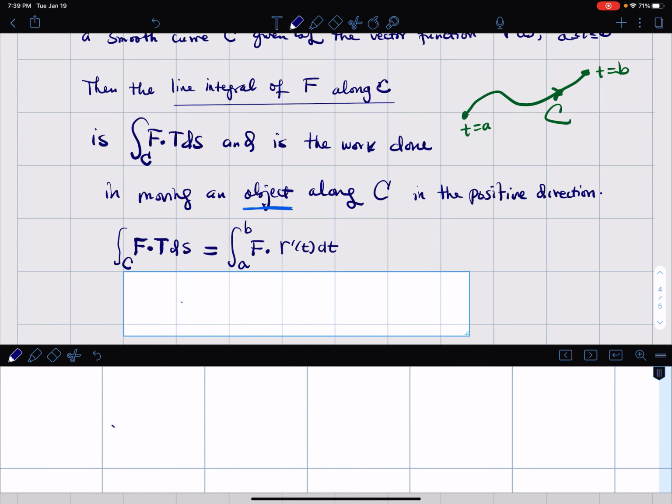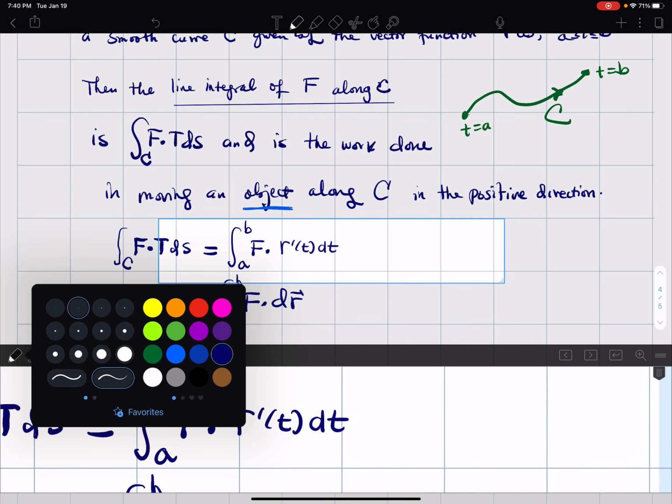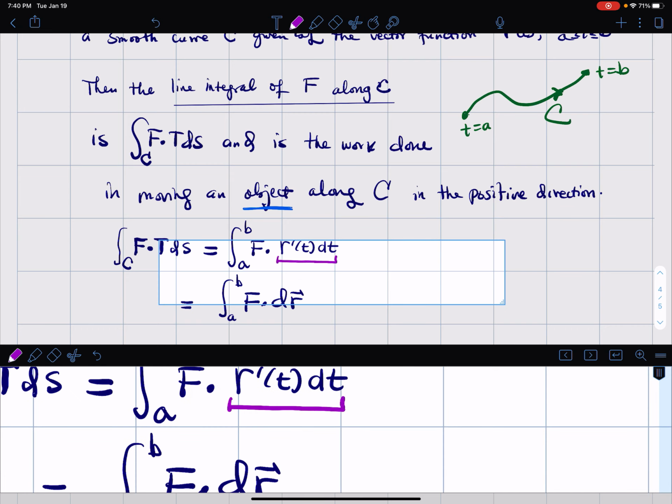And another notation for this integral is the integral from A to B of f dr. That's it. So this is sometimes called dr, like that.